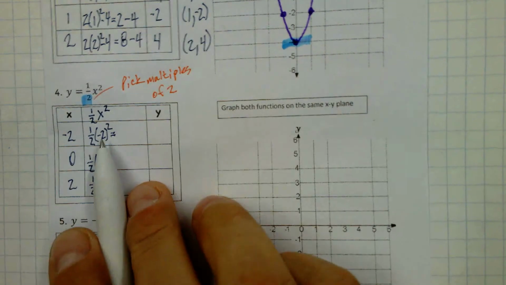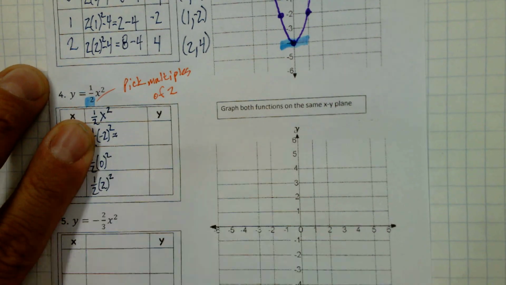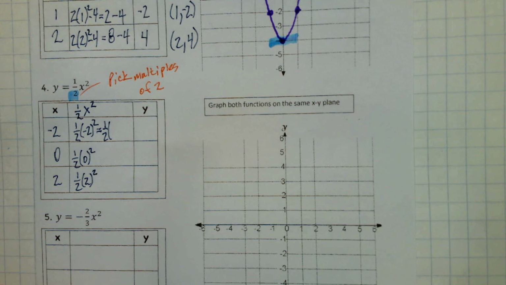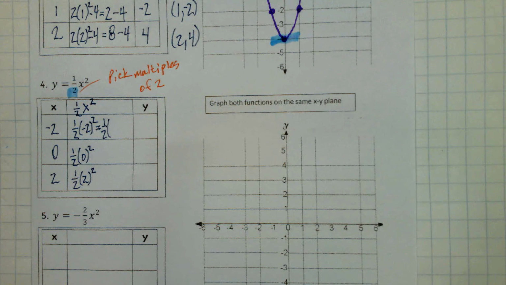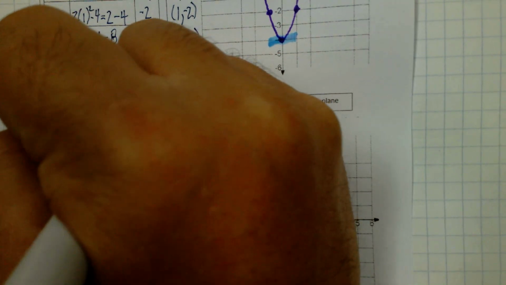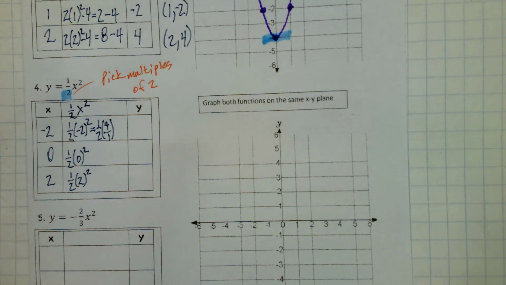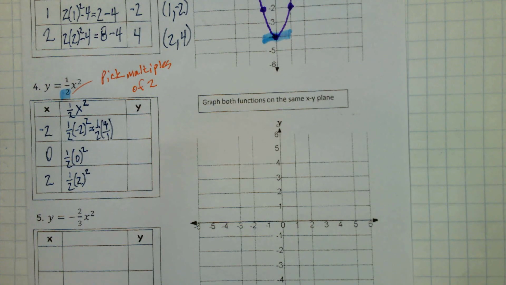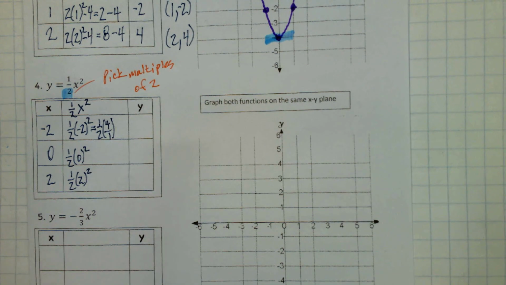Order of operations, we have to do -2 squared. We know that's 4. So this is 1/2 times 4, but I want a fraction. Turn it into a fraction because you got to do some multiplication with fractions. The number 4 as a fraction is 4 over 1. Because I got to multiply fractions now, guys. Remember how we multiply fractions?